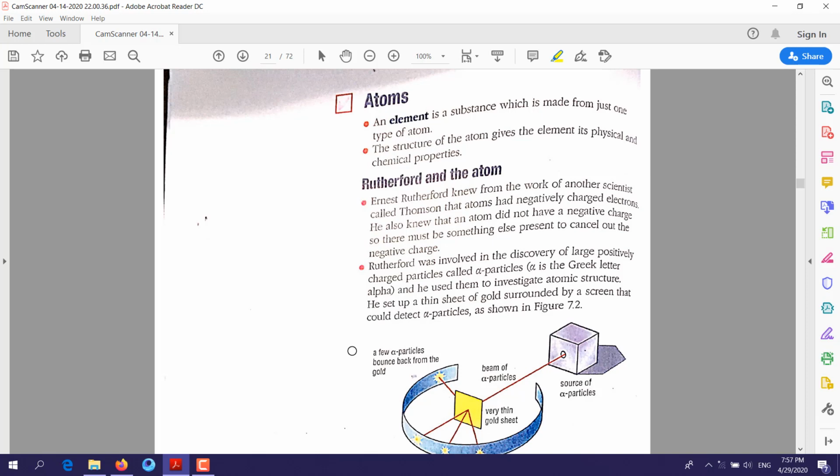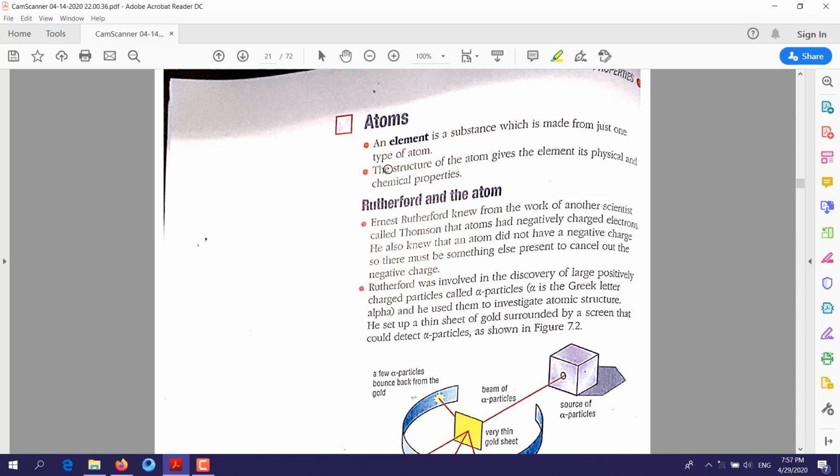So all the elements are made up of atoms. The structure of the atom gives the element its physical and chemical properties. So the physical and chemical properties of any substance depend on the atoms.